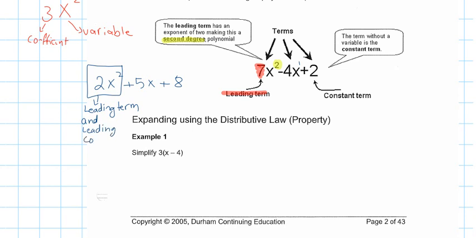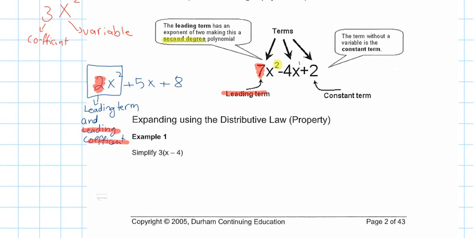Your leading coefficient is going to be 2. So this is going to be your leading coefficient, and the whole thing is your leading term. Are we okay with that? Okay.